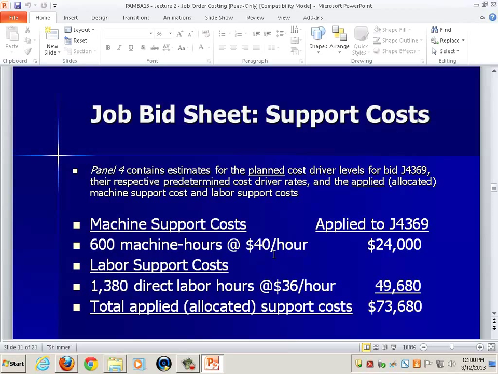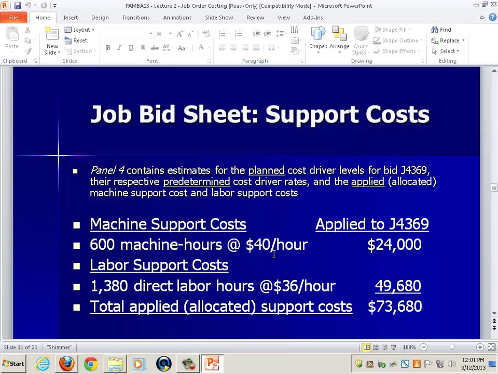You take the total, you ask yourself, what is the total indirect labor cost that Famous will encounter for all jobs? And what are the total direct labor hours for all jobs? You divide the total indirect labor cost by the total direct labor hours for all jobs, and you get an allocation rate, presumably of $36 of indirect labor cost per direct labor hour.